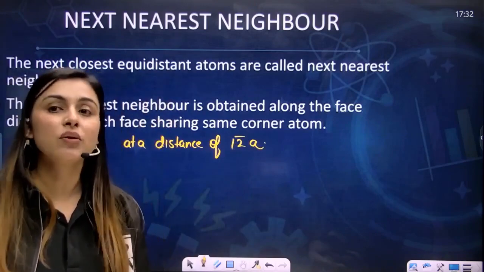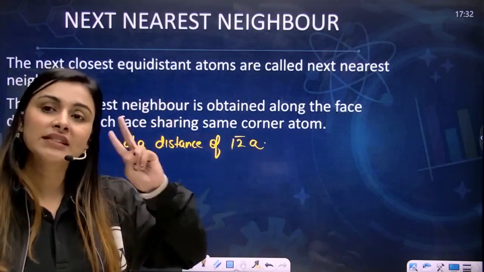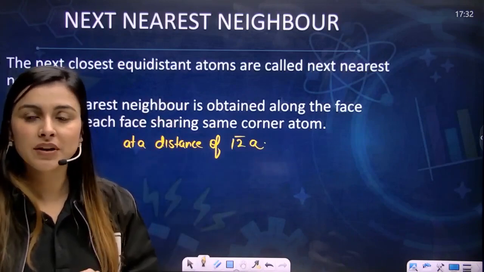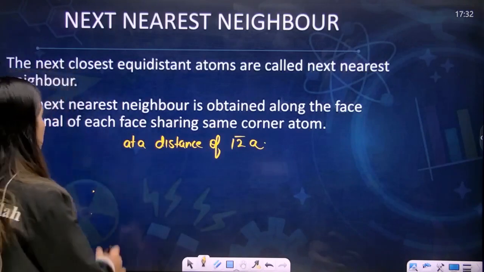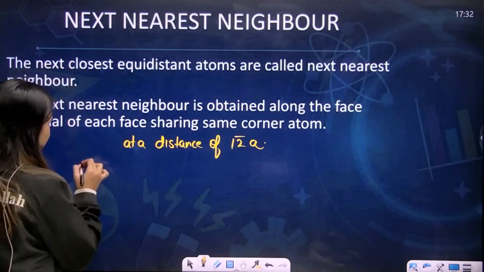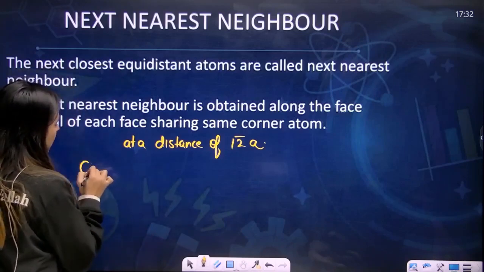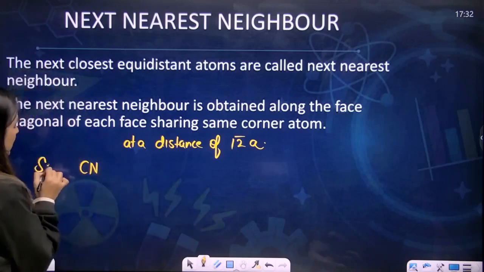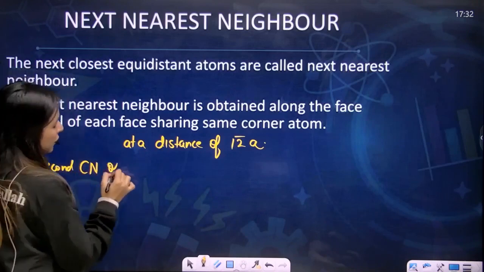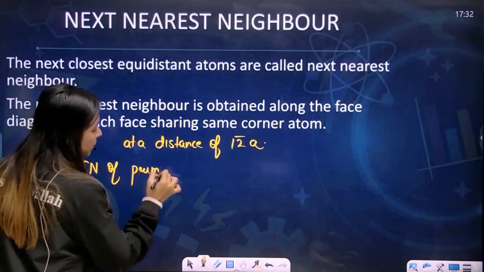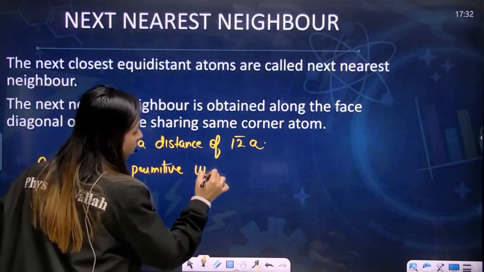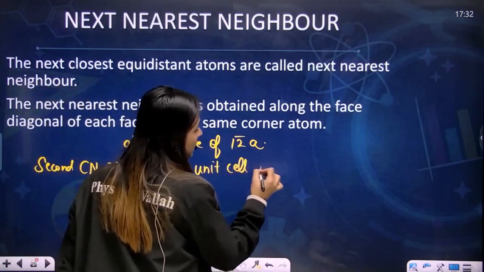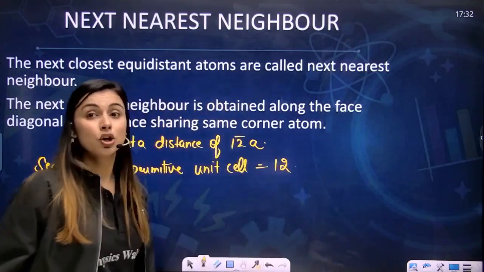This is how you calculate the next nearest neighbor or the second coordination number of this primitive unit cell. And the second coordination number of the primitive unit cell is 12. It is 12.